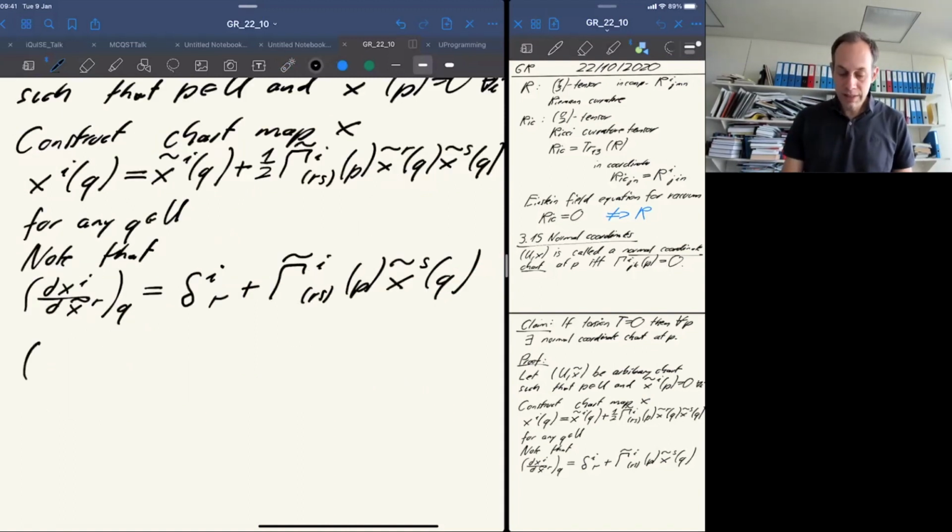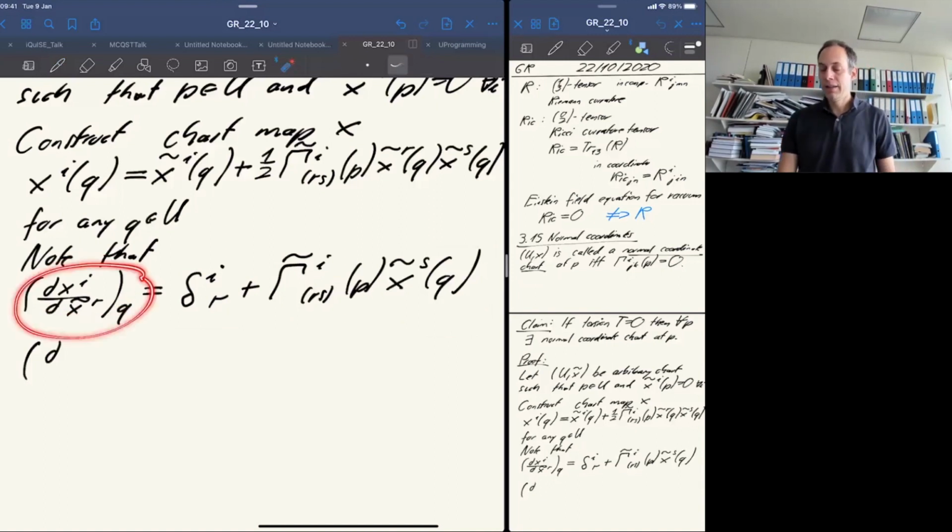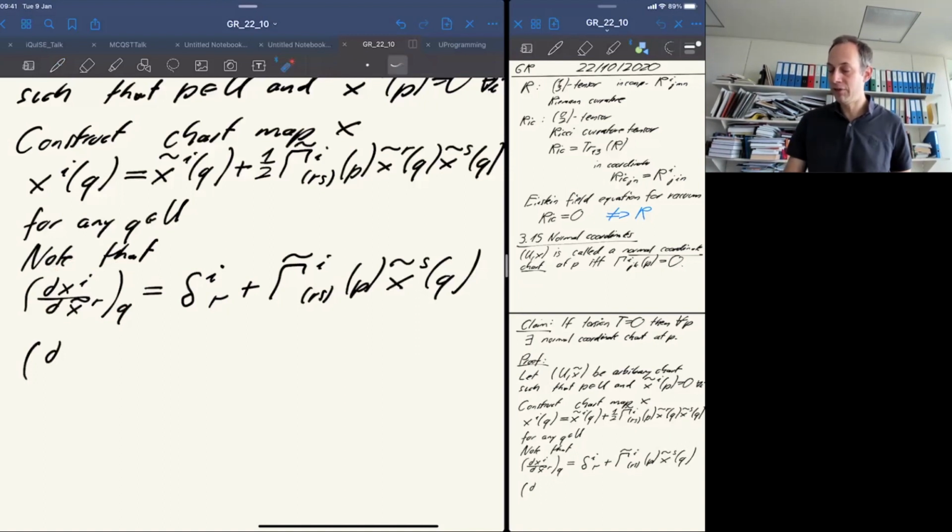We will also need second derivatives. By the way, here is now the answer to the previous question. If this matrix is invertible, then indeed the chart map, or the transition map, is invertible. So you just have to check whether this matrix is invertible.